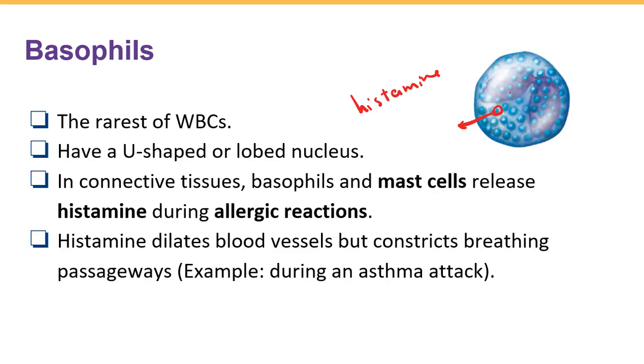So basophils would be found a lot during an allergic reaction as they release histamine. The allergic reaction is not always bad. This is a mechanism in our body which protects us. But whenever the allergic reaction goes beyond that, we need to use an antihistamine to stop it.